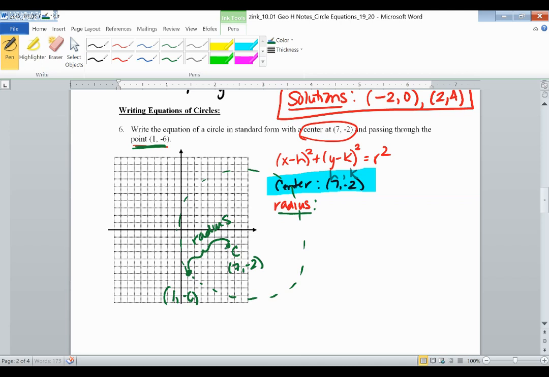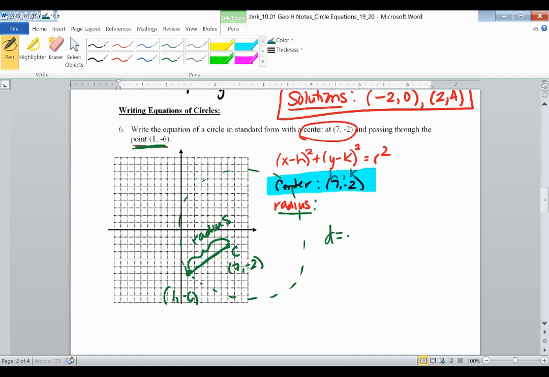Well, how do I find it? You've got a few different options. But I'm going to focus on using the distance formula to find this radius. Could you use Pythagorean theorem? Sure. You could also use the formula to help you find it, but I want to do it using the distance formula.